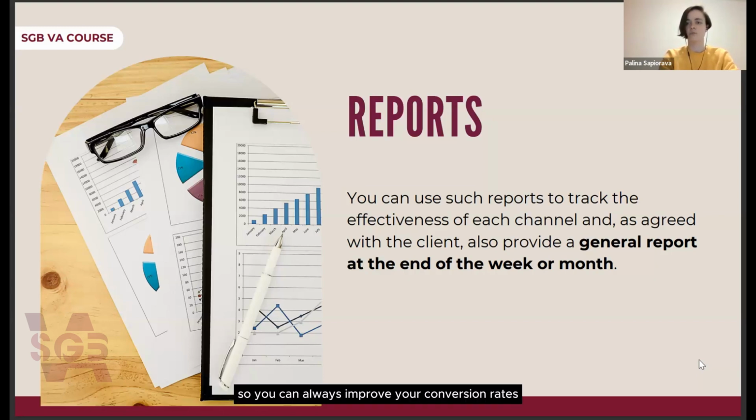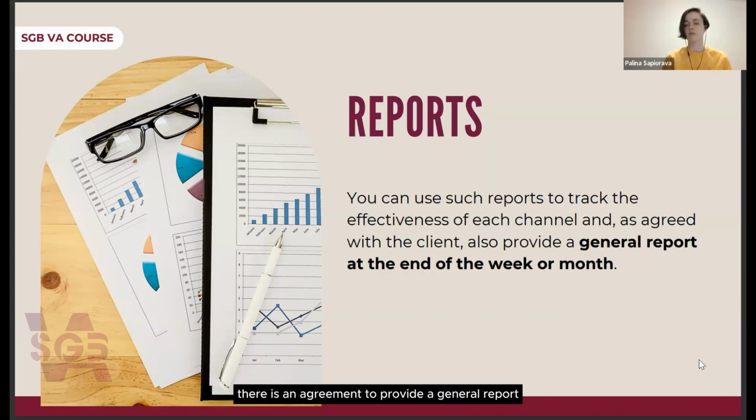So you can always improve your conversion rates, and the data from these metrics can help you to understand how successful you are. And of course, we shouldn't forget about the necessity to provide reports to your clients. And this data is what is usually used in different kinds of reports.